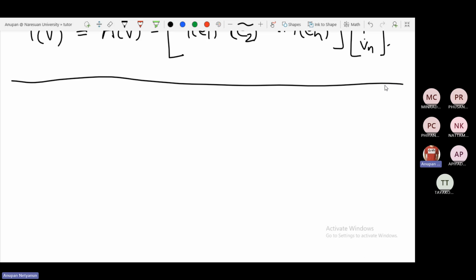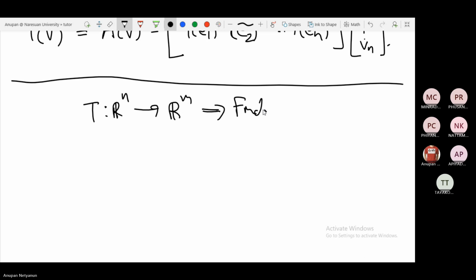We want to look at, again, T from Rn to Rm, then we can find a matrix A, M by N, and TV is the same as A times V.